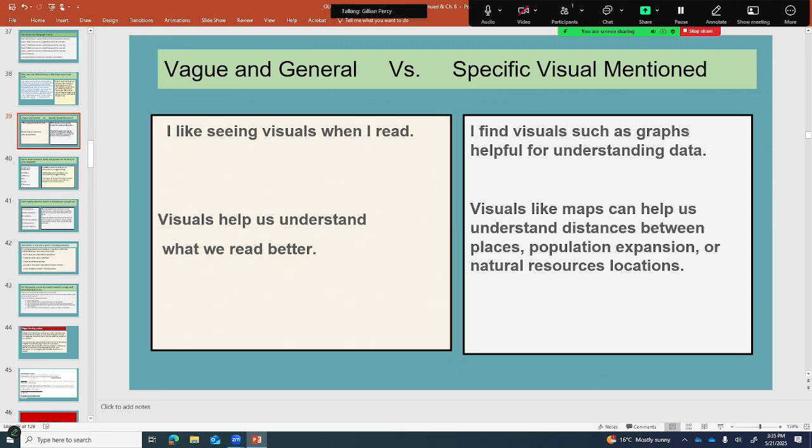I find visuals such as graphs helpful for understanding data, right? I gave you a specific visual and I explained how it was helpful to help me understand data. Here's another example. Visuals, like maps, can help us understand distances between places, population expansion, or natural resource locations.